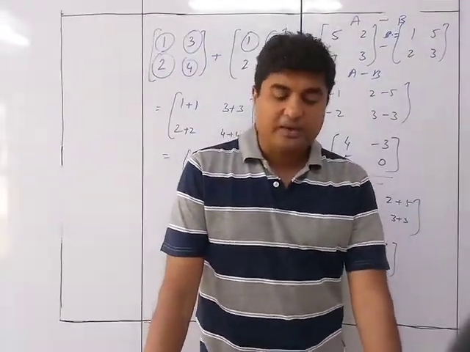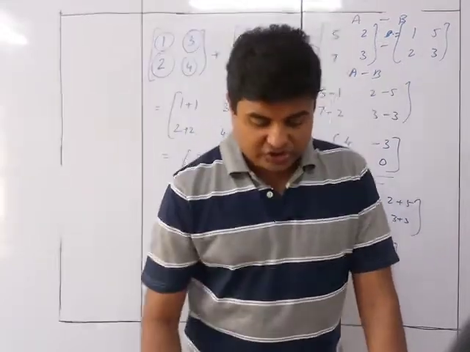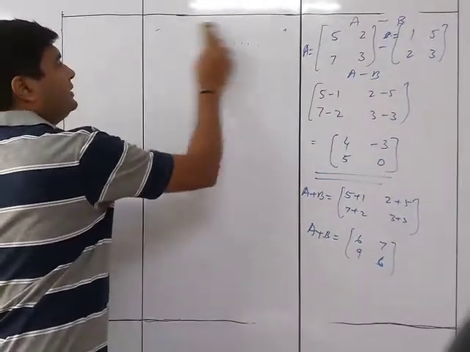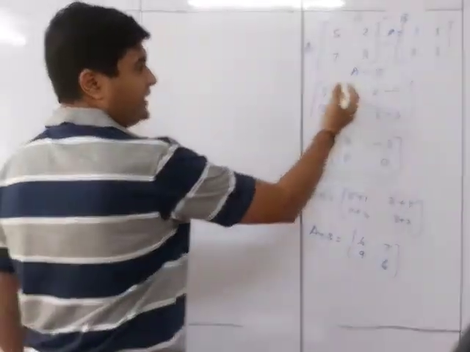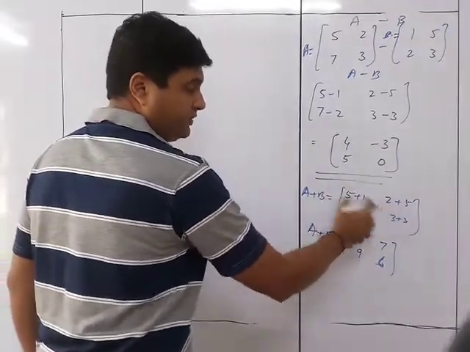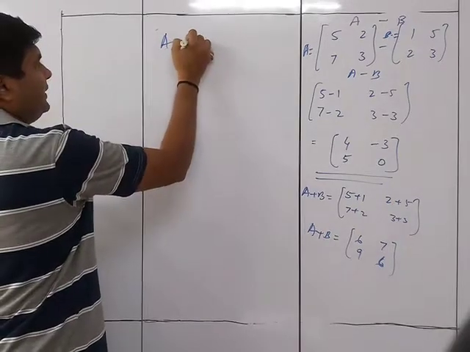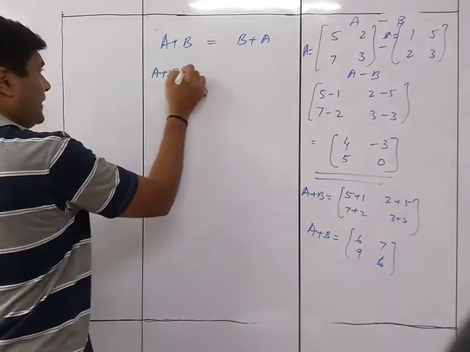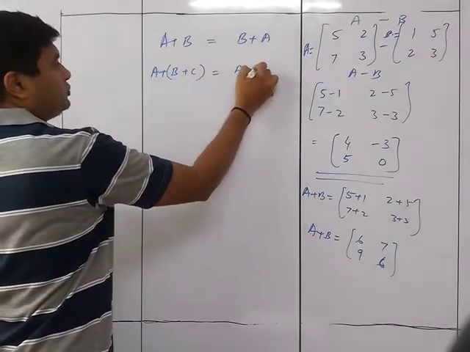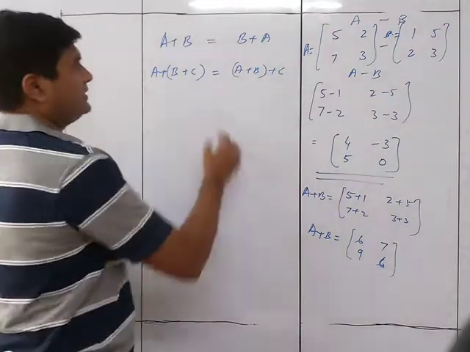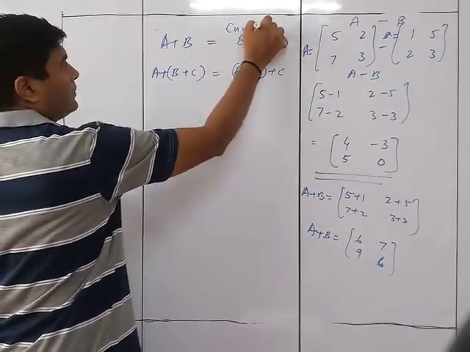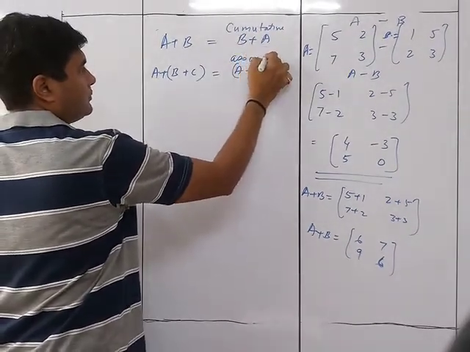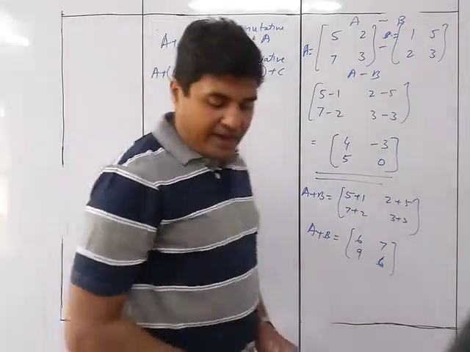You will also see that the properties like commutative property and associative property are applicable to addition here. That means whether I change the order in addition, A plus B will be equal to B plus A, and also A plus B plus C is equal to A plus, bracket B plus C. So this is the commutative property and this is the associative property.